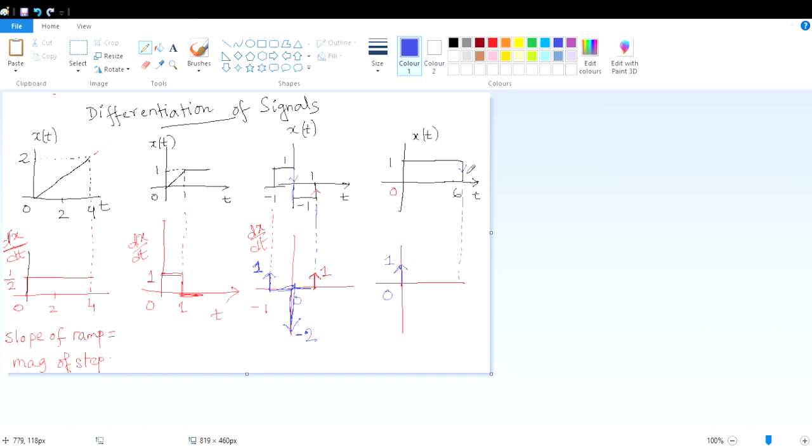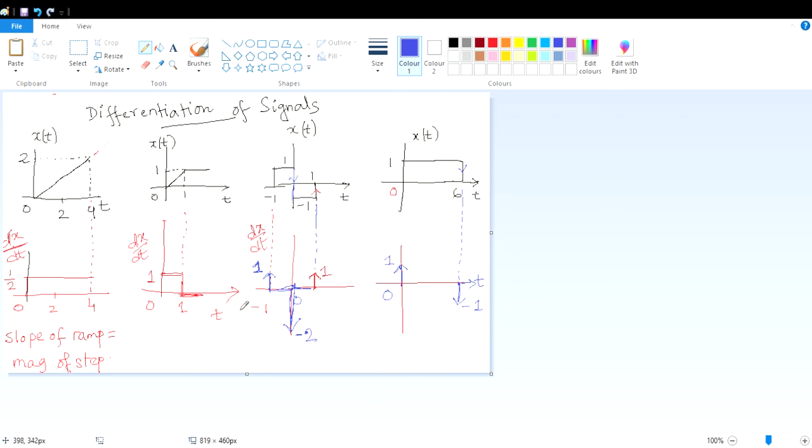What is the direction? It is going from 1 to 0, so the weight of the impulse will be 1, but the direction will be downward. So it will be -1. Understood?